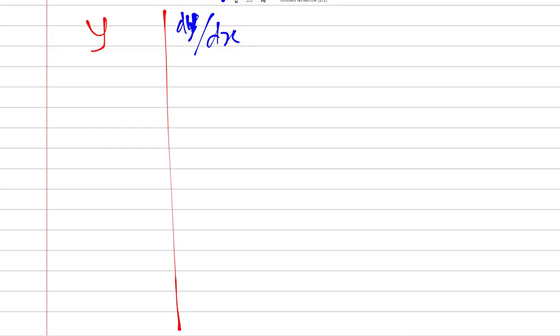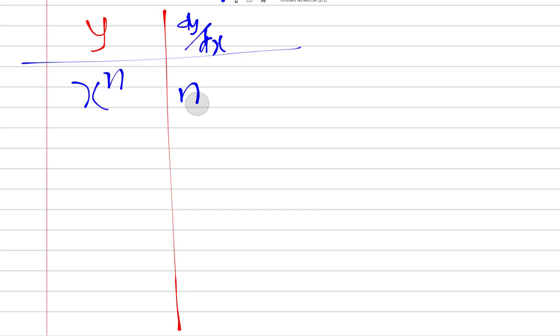If y is equal to x raised to power n, your dy dx will be: you drop this n like this, then you write your x, and then you subtract 1 from the power, n minus 1. This is the first rule.